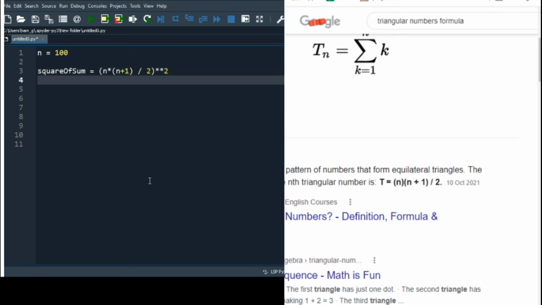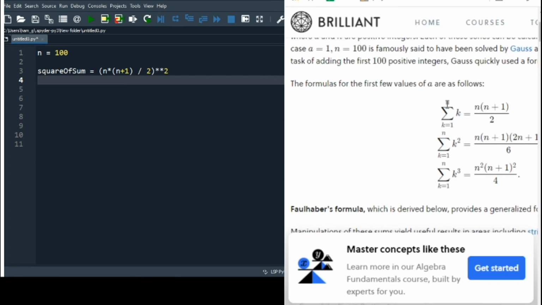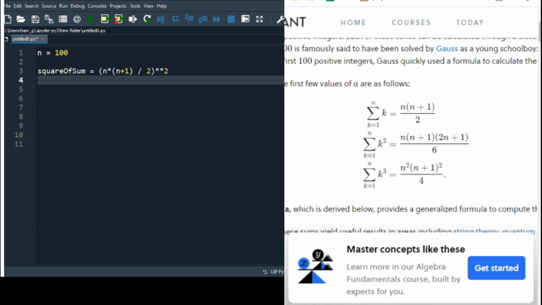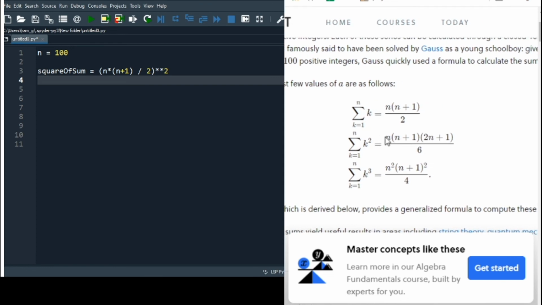Now what about the sum of the squares? Now this is used in statistics all the time, and once again there is a nice neat formula for finding it. So it's this one here, n times n plus 1 times 2n plus 1 over 6.